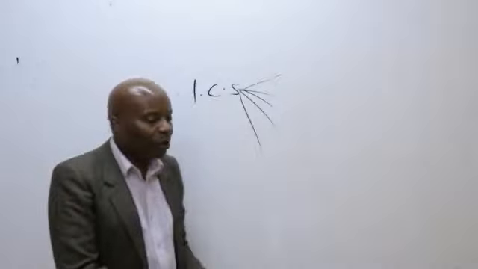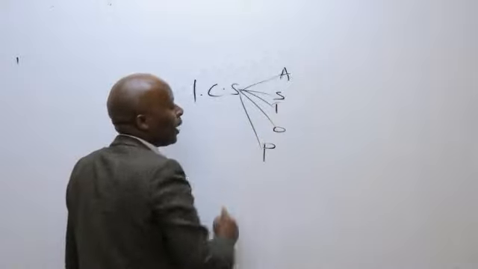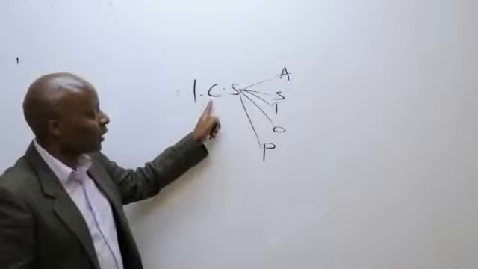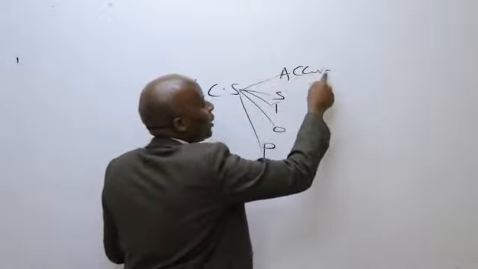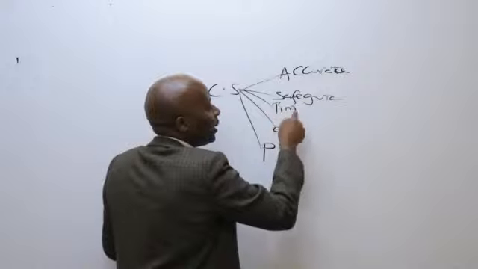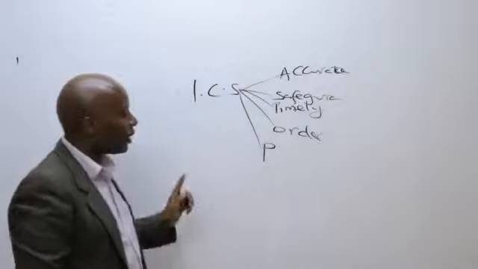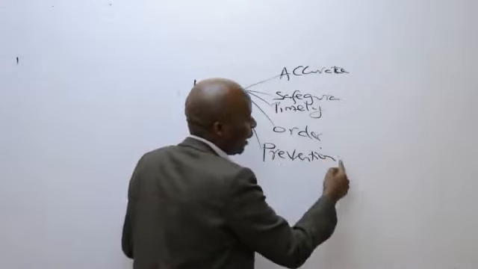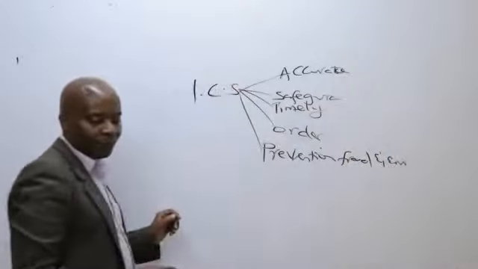The internal control systems objectives, we can only say our systems are strong if we are able to get accurate financial statements, if our assets are safeguarded, if we are getting reports on time when we want them, if there is order in the organization, and if the controls will be able to help us prevent fraud and error.